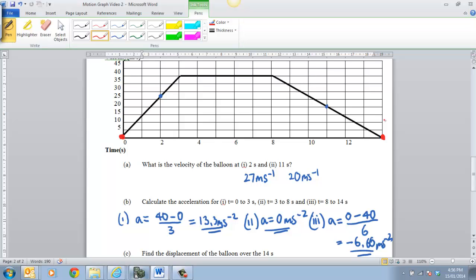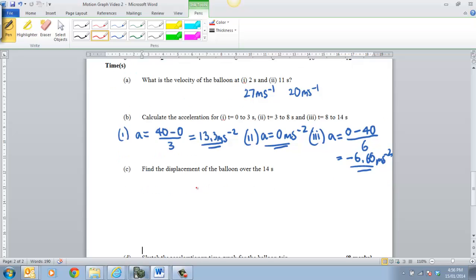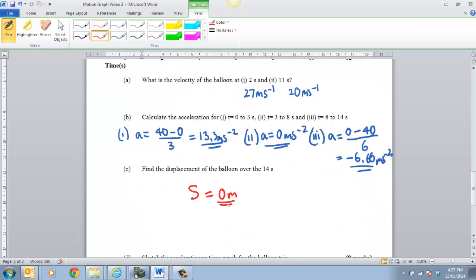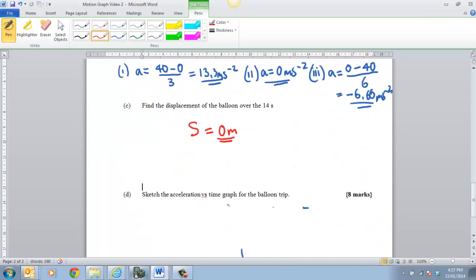So technically the displacement for this particular case is 0 metres. Actually, that's not true. When we start talking about the displacement, what we need to talk about is the distance travelled of the balloon over this period of time.